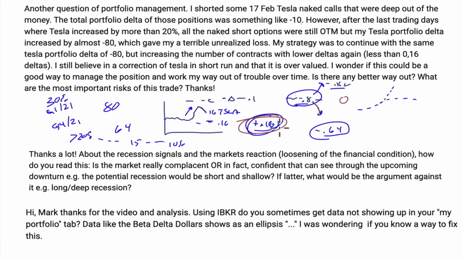So when a position is not working out, rather than adding to it, what you want to do is, if this is the zero line and it's working against you because your delta is going too high, do something that gets it back to zero. Same if you're losing and your delta is moving this way on you, you want to bring it back to zero. That is the point of using securities to hedge out and get out of trouble: continually rebalancing back to zero until you work your way out of a problem.